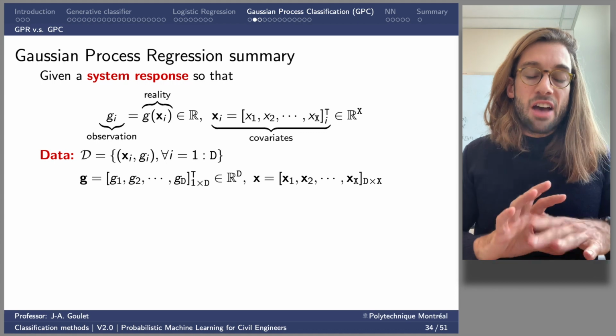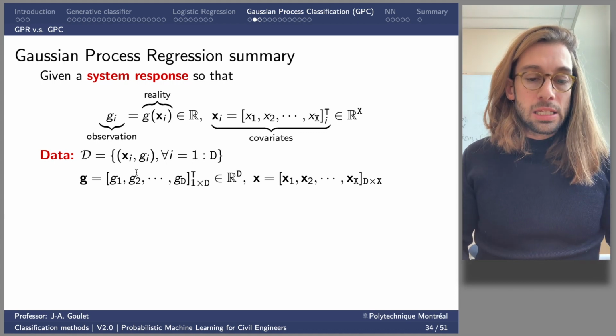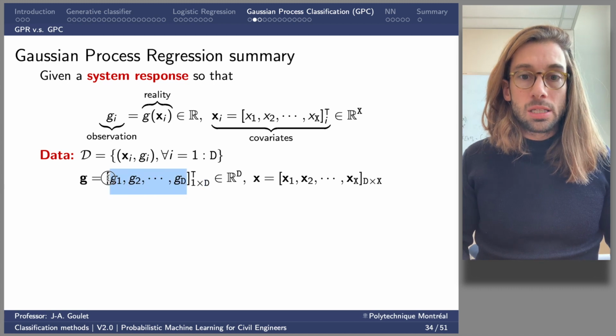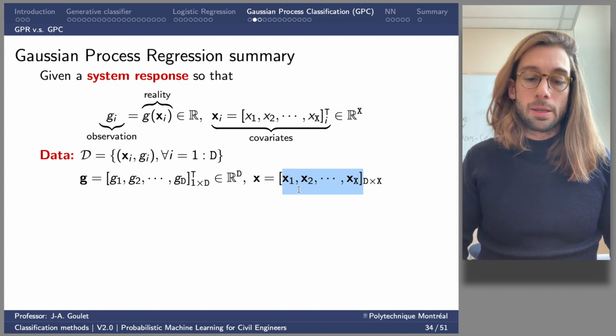So here, what I have in my global data set is a set of D system responses and a matrix of D times X. So I have D system responses and I have X different covariates.